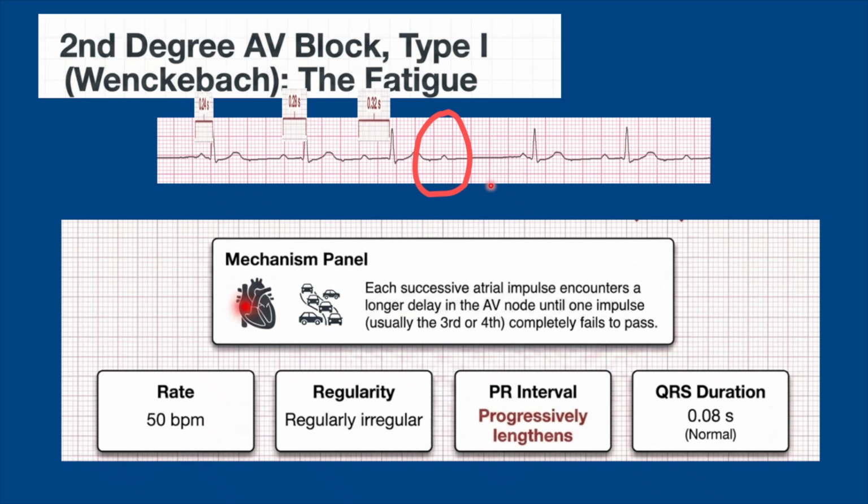Remember, in the first degree AV block, the PR interval was prolonged, but it was constant in all the cycles. But here, this is gradual, progressive lengthening of the PR interval with blockage of conduction of one, so we have a dropped beat. QRS duration is normal, and this will lead to regularly irregular beats.